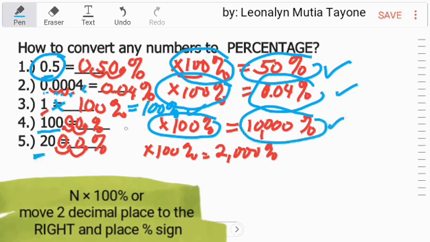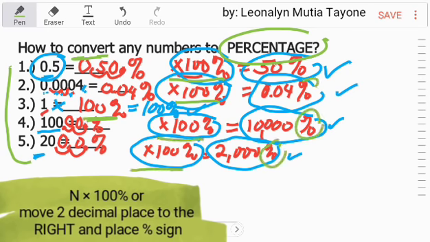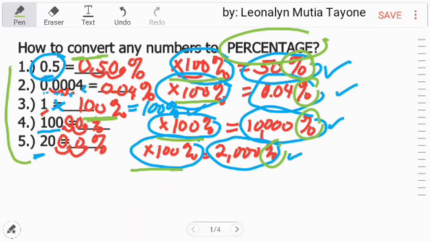Number 5, ang 20 mo, nag-multiply ka lang ng 100% para magkaroon siya ng percentage sign and that is 2,000%. Pansinin nyo, yung 1 to 5 natin, para ma-convert natin into percentage, nag-multiply lang tayo lahat ng 100% at lagyan natin ng sign na percent sign.